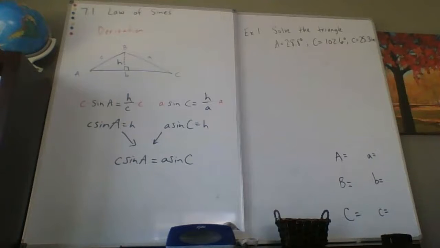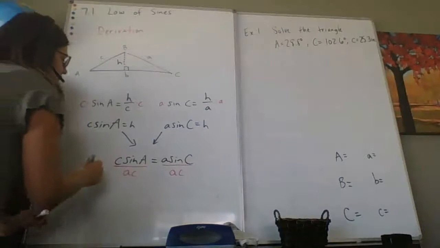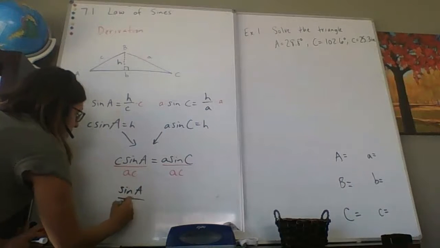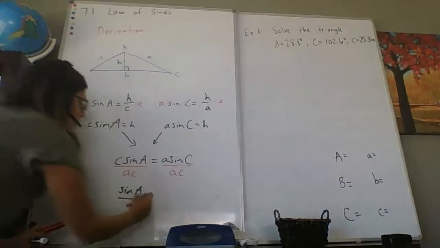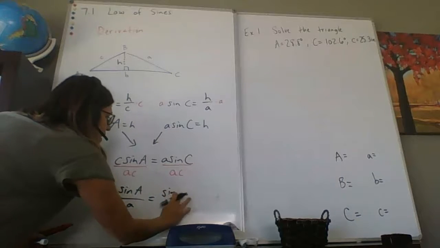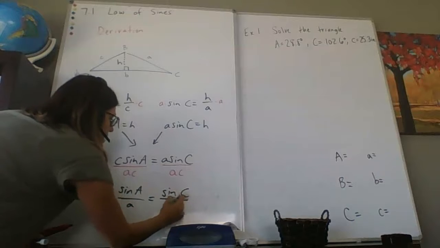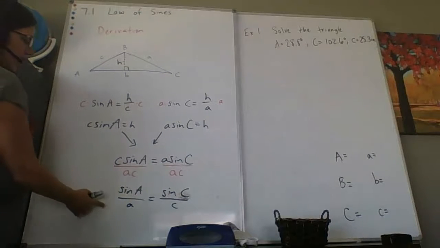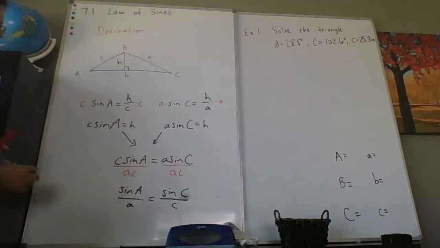Now, to get this in the form that we want it in, we will divide both sides by ac. On the left, the c's cancel, and we are just left with sine A over a. On the right, the a's cancel, and we are left with sine of C over c. So this gives us one version of our law of sines, which states that sine A over a equals sine C over c.